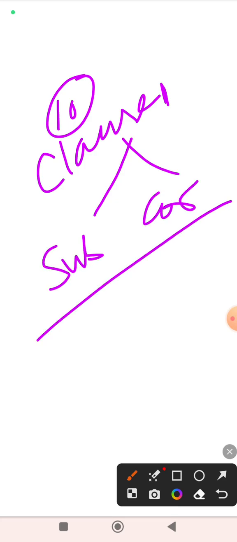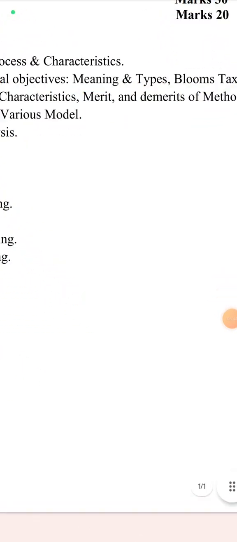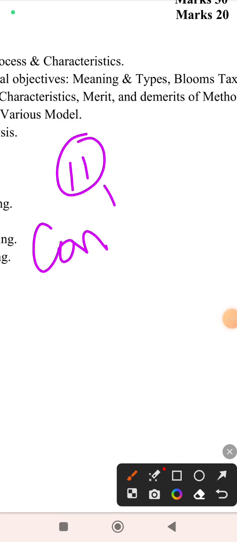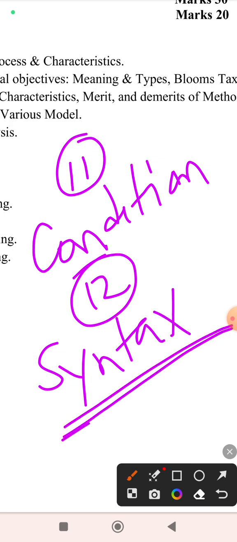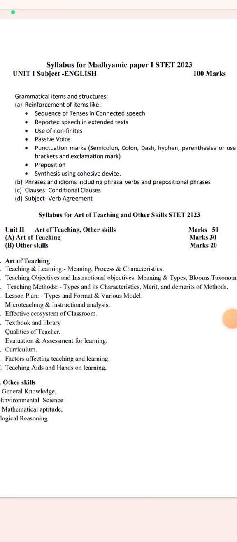Then we have one more, the eleventh, conditionals, that is simple conditionals and then subjunctive conditionals. And the last one is syntax, or subject-verb agreement. So in total you have these 12 grammatical parts.